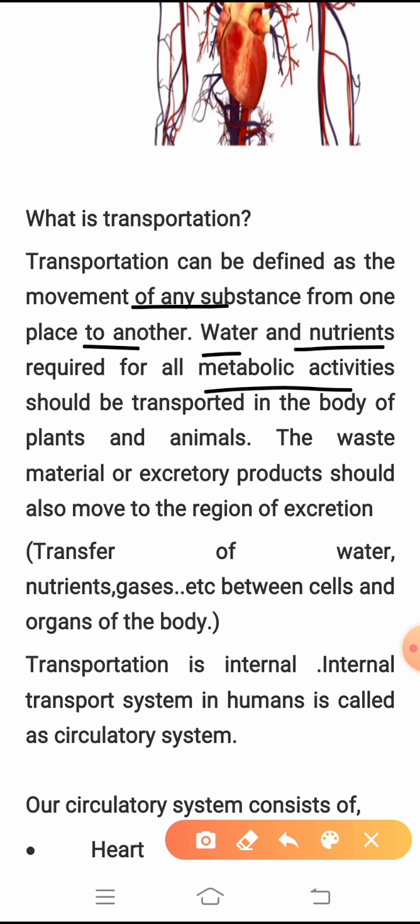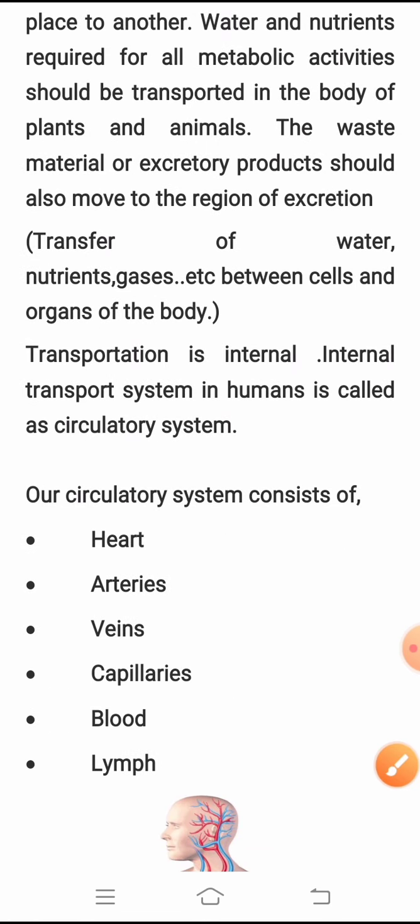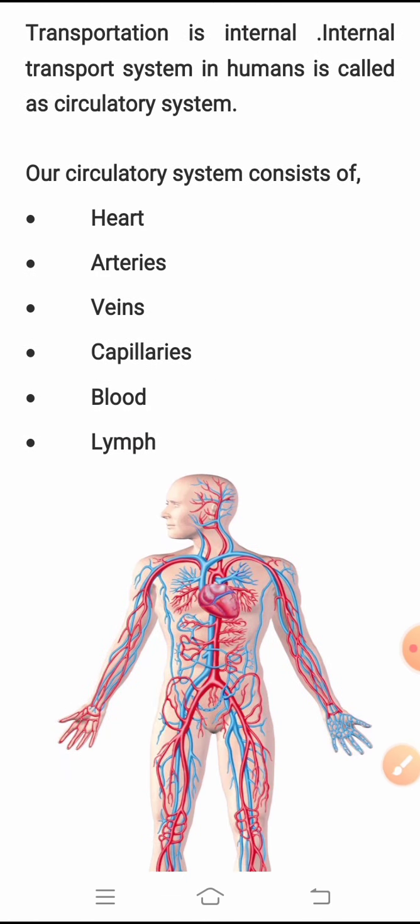So all these things are getting transported from one place to another, and this is happening inside the body. Hence it is called internal, and the internal transport system in humans is called the circulatory system. Hope you understood. Now let us understand what our circulatory system consists of.